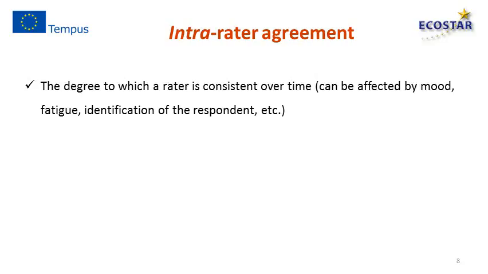You may also be affected by identification of the respondent. You've got their name there on the paper, or you might recognize their handwriting. And sometimes an answer from a failing student may be more critically analyzed than the same response from someone you know is a good student.